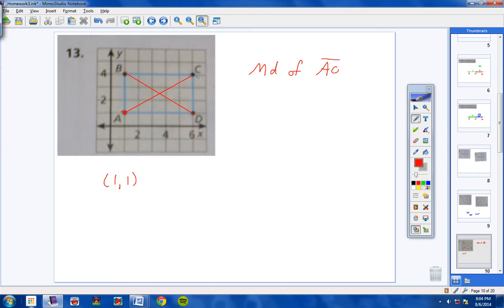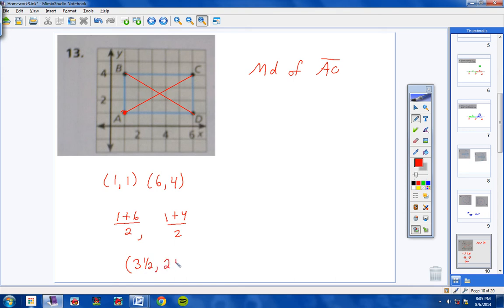It looks like it's over 6 and up 4. So the ordered pair for C is 6, 4. So A is 1, 1. C is 6, 4. So the midpoint would be (x plus x divided by 2, comma, y plus y divided by 2), so 1 plus 6 divided by 2, comma, 1 plus 4 divided by 2. And if you simplify that, you will get 3 1/2, comma, 2 1/2.